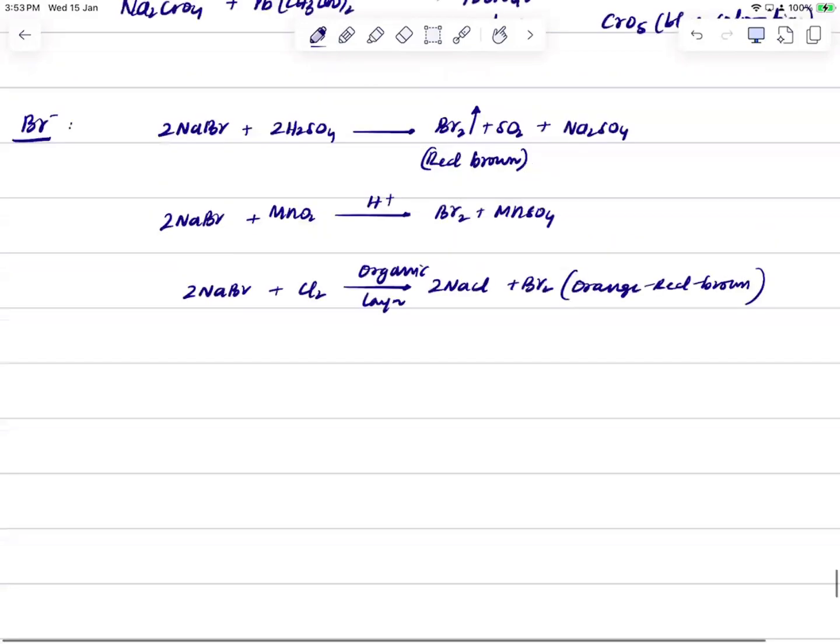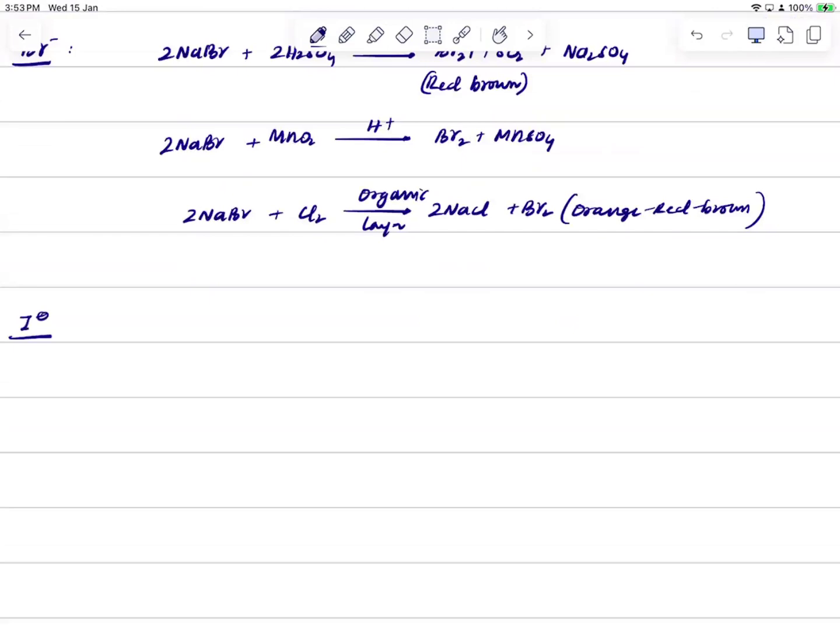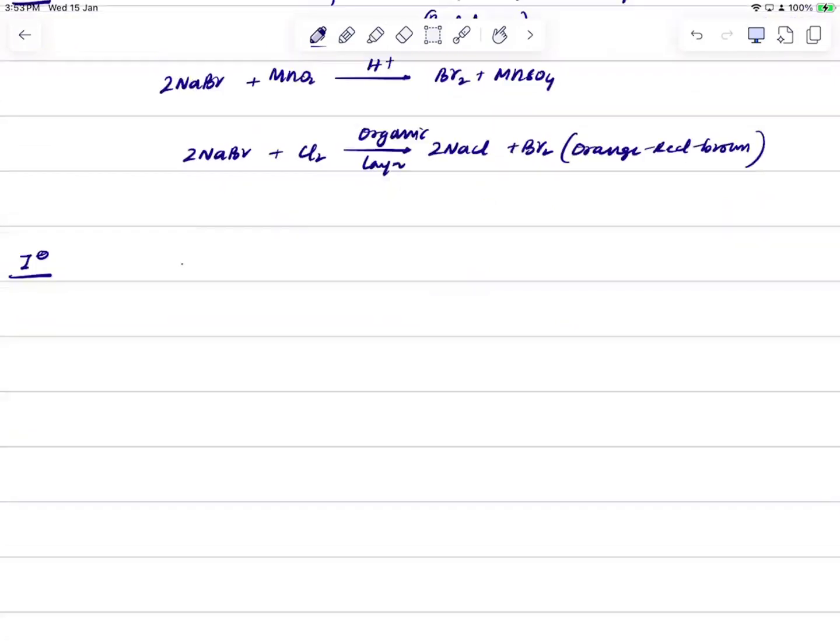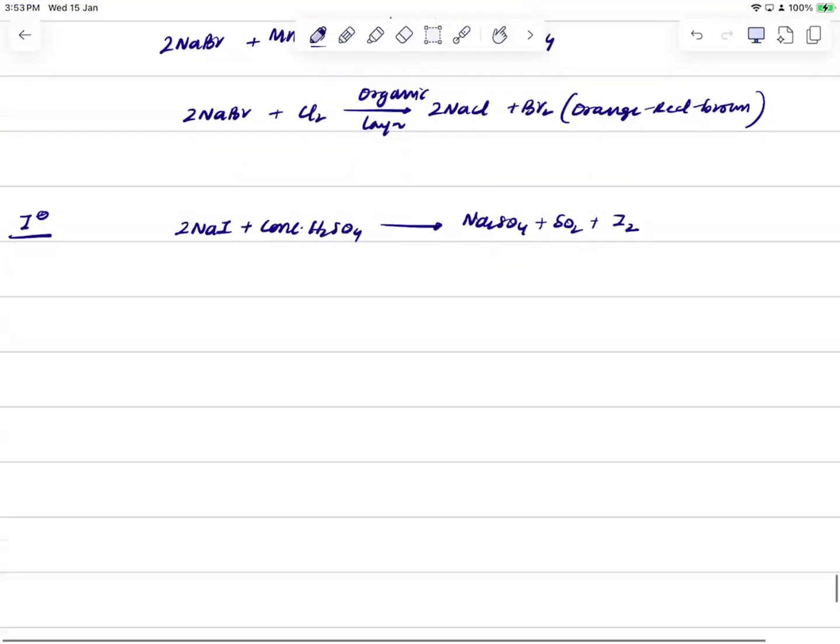Okay. Next is with iodide. For iodide also, if you notice, 2 moles of NaI plus concentrated H2SO4 would give us Na2SO4 plus SO2 plus I2. I2 with starch is one reaction which you can easily make out.